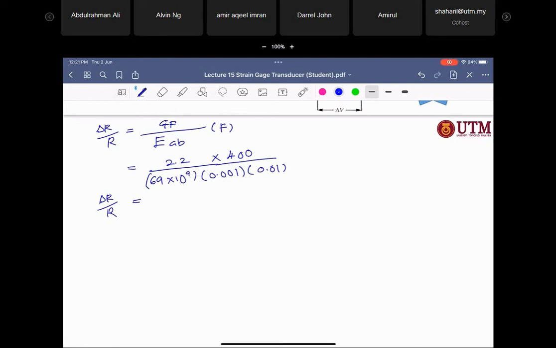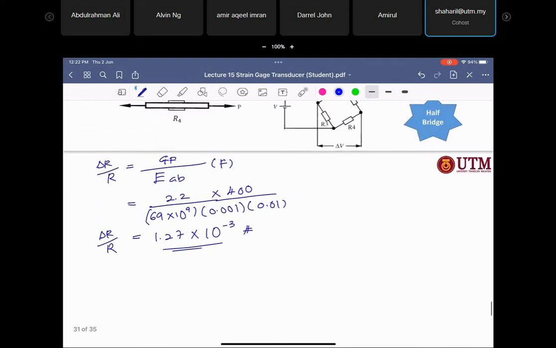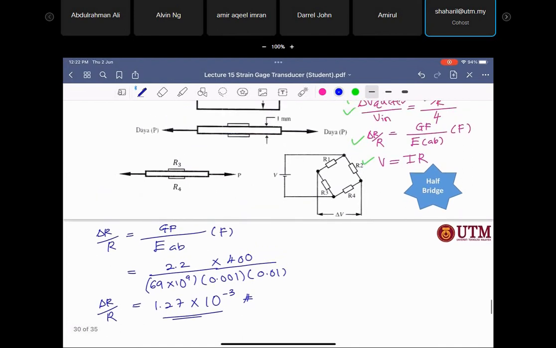Okay, Ervin Ng, thank you. 1.27 times 10 power of minus 3. Okay, this is all right. And we already got delta R over R.